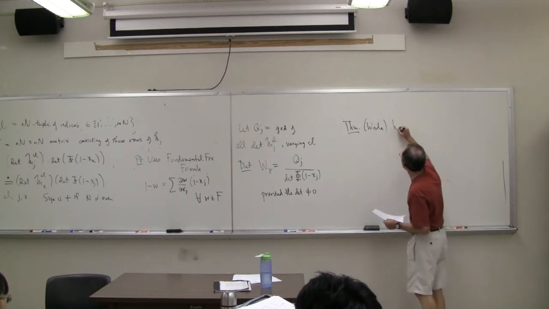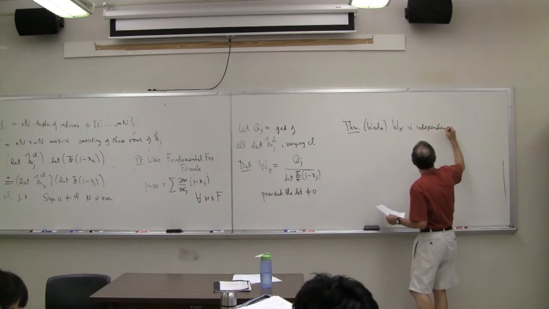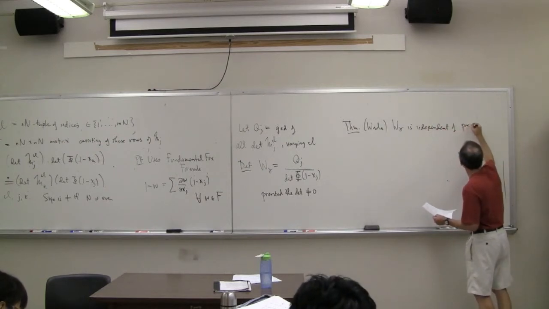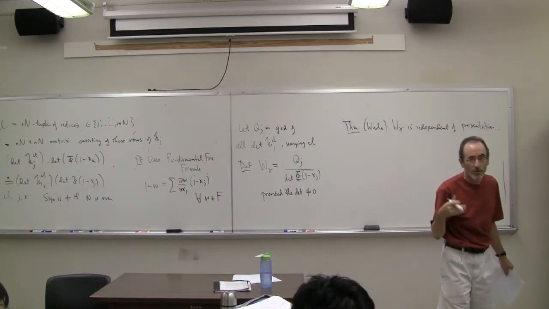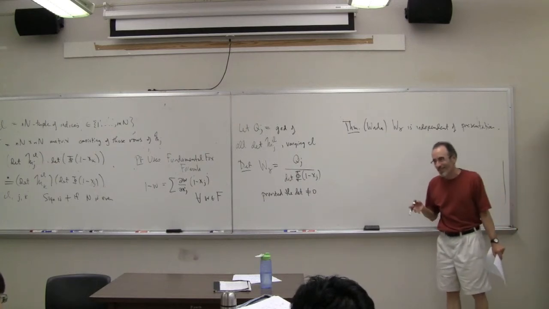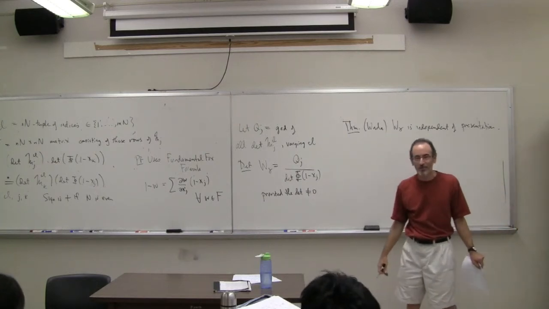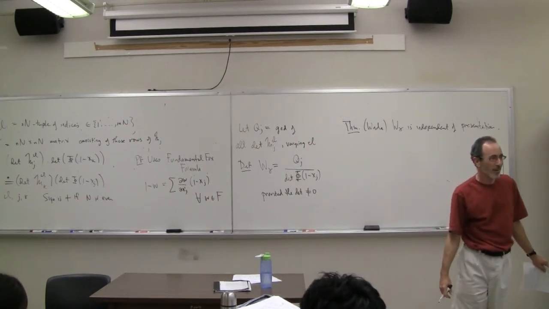Okay, so W gamma is independent of presentation. The way you prove this is by knowing the fact that any two presentations for the same group are related by a finite sequence of elementary moves, in this case called Tietze transformations, that are very similar to Reidemeister moves.